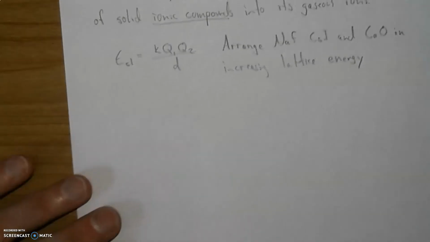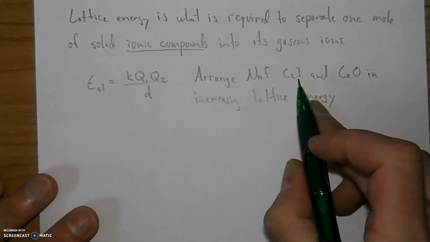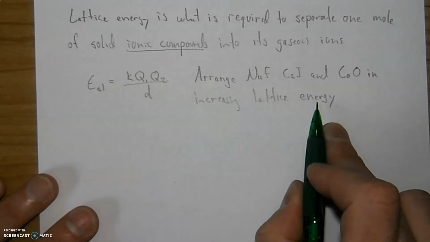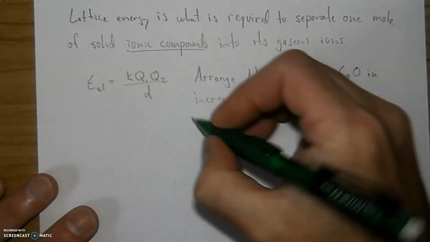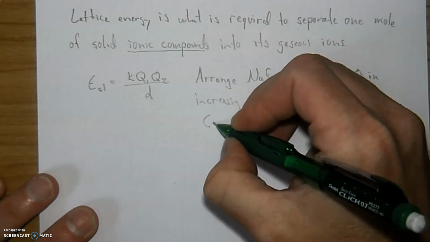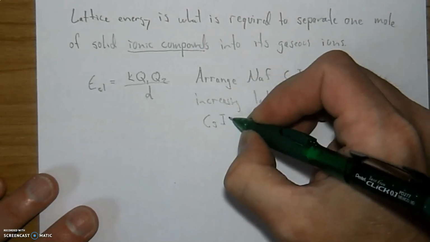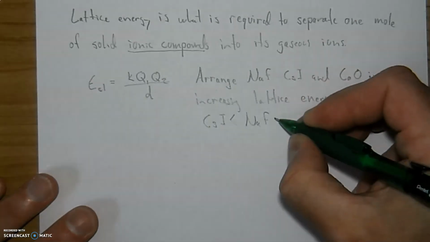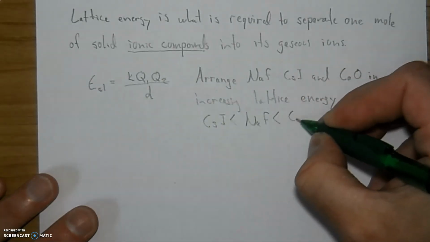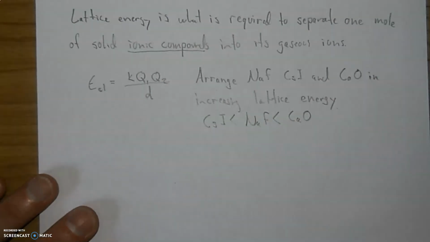So it looks like the one that's going to have the lowest lattice energy would be cesium iodide. I'll go ahead and put it in order. Cesium iodide will be the lowest, followed by sodium fluoride, and the largest lattice energy would be calcium oxide.